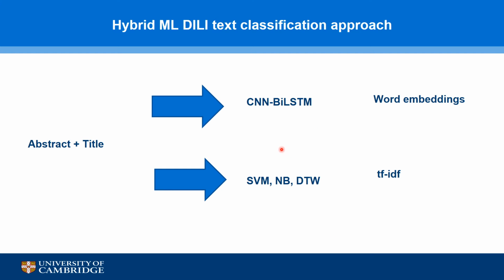I just want to point out that for most of the models, whether it's SVM, naive Bayes or DTW, we use the TF-IDF representation. But for the deep learning model, we use word embeddings. This came just as a process of optimization. We tried various permutations, and this was the best optimization.